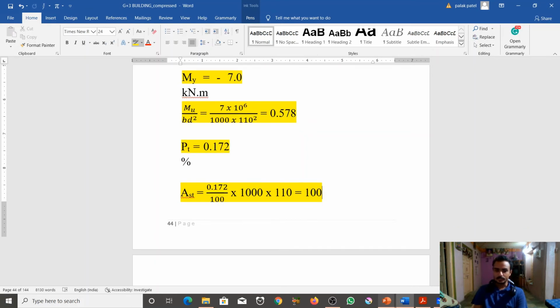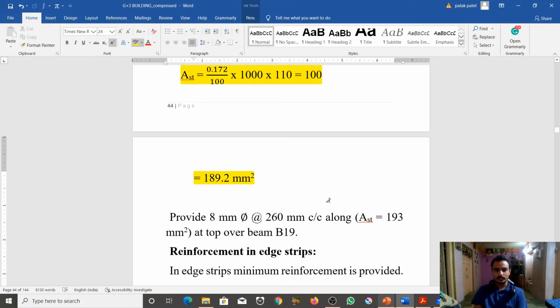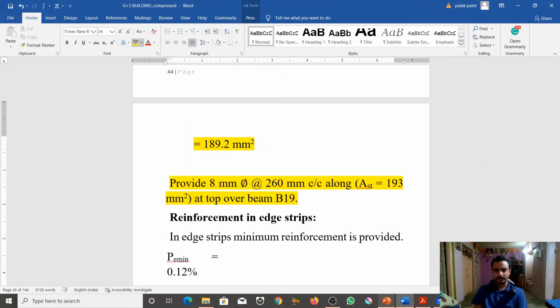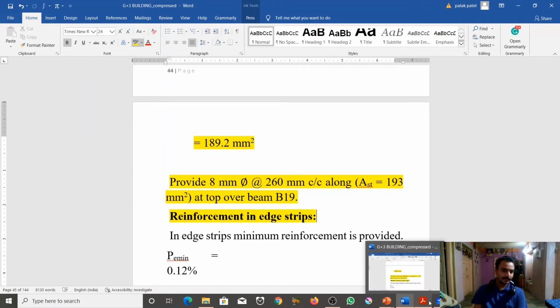So Ast is 189.2 mm square. So provide 8 mm diameter at 260 mm center to center at beam B9. Reinforcement in edge strips. What is an edge strip?